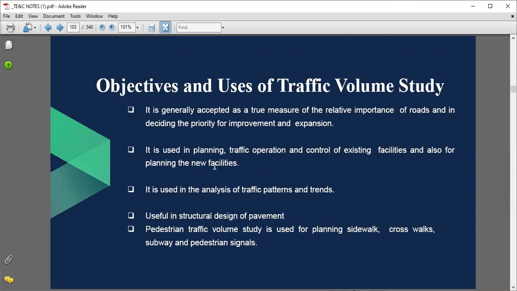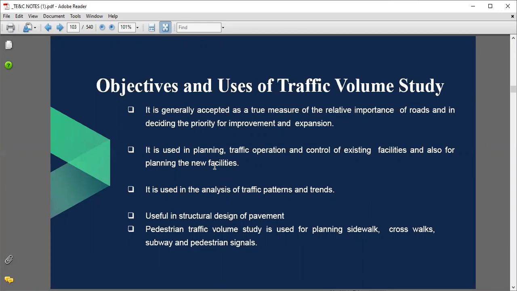But if the traffic volume is more, at that time we have to understand the traffic situation, and in that way we can understand the conflicts over there. For that purpose we have to make a plan, again traffic operation for controlling the existing facilities, and also for planning the new facilities.